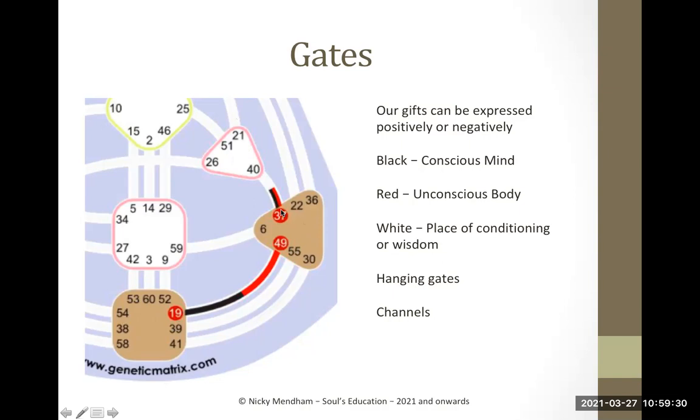Now, if we had a situation with this 37 gate, so this is the song that this person is singing, and somebody else comes into your energy field, or you're in relationship with somebody who has the 40th gate, then what this will do is it will bring energy on a temporary basis.